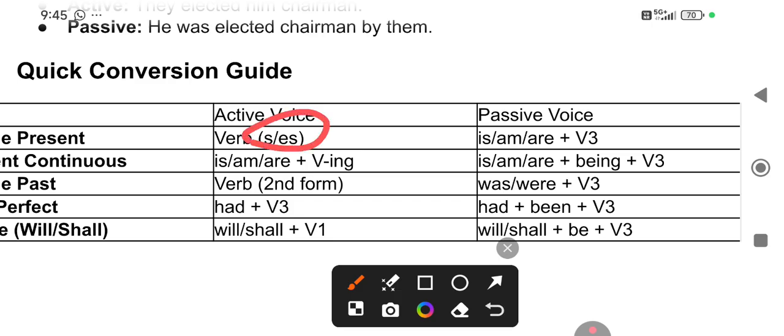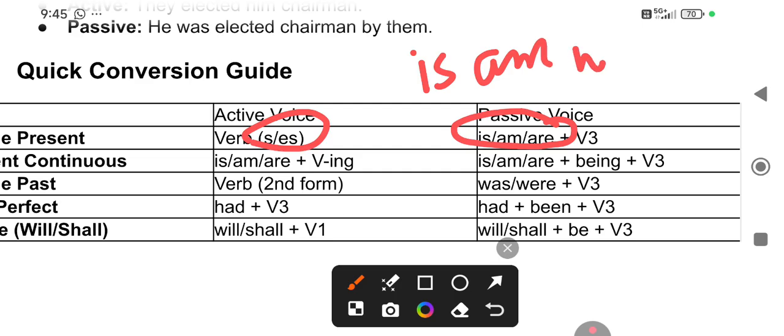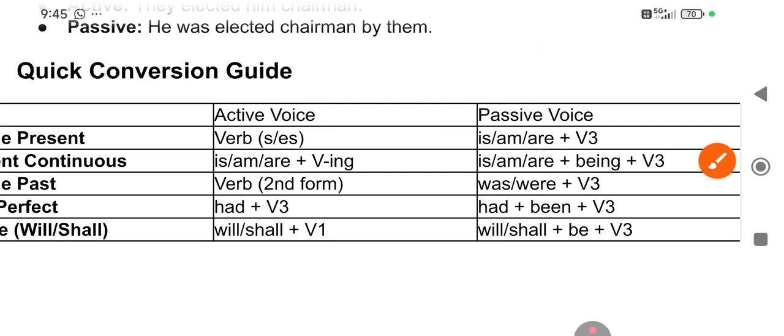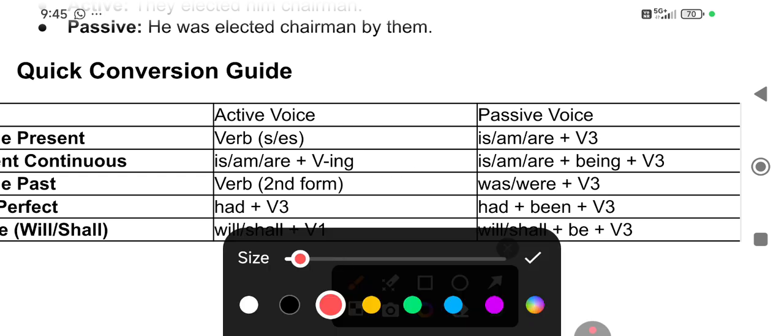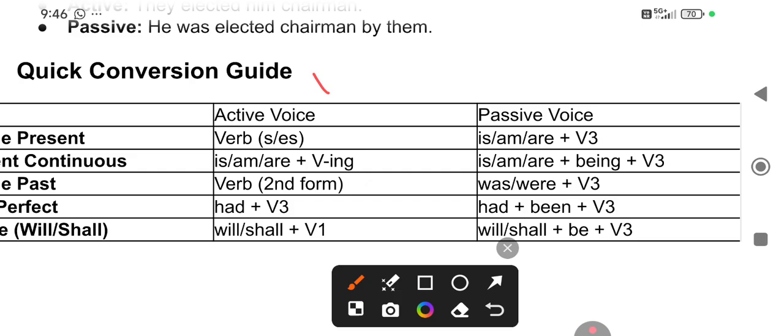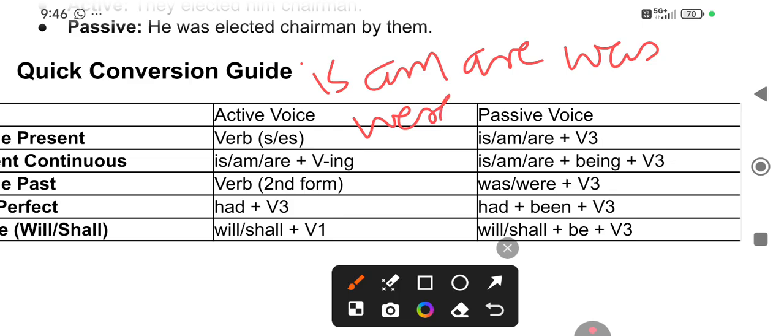In simple present tense, you just have to remember the 8 helping verbs: is, am, are, was, were, be, being, or been.